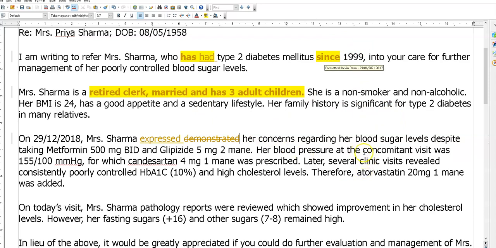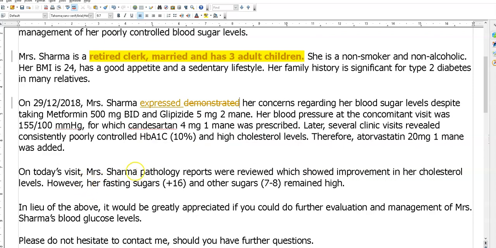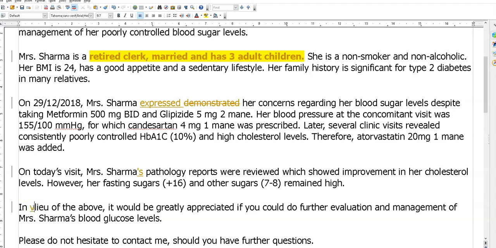Blood sugar at the concomitant visit, you mean at the next visit. This was prescribed, so chronic visits reveals was added. Okay. Mrs. Sharma's genetic case, pathology reports were reviewed. Improvement, fasting sugars remained high. In lieu, that means instead of, in place of, you mean in view of the above.